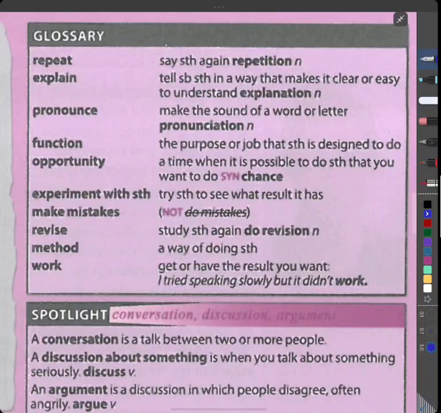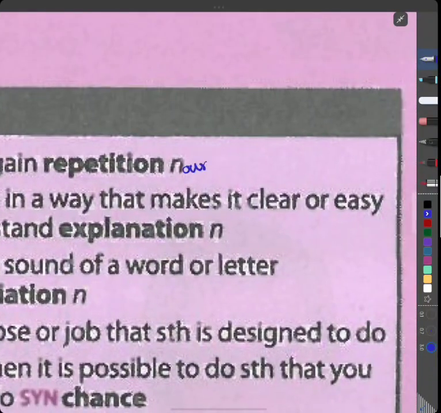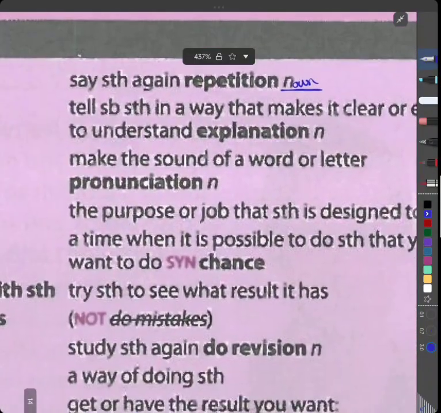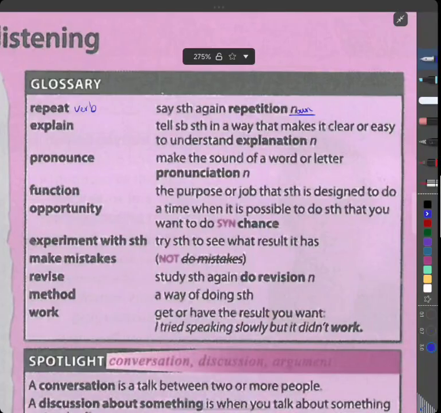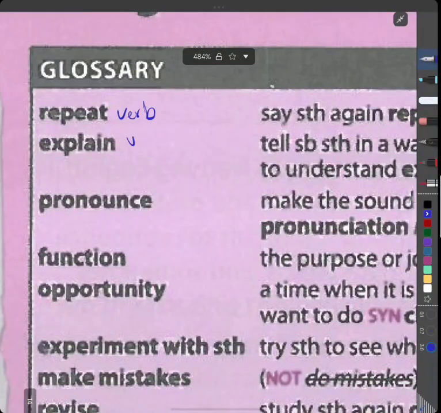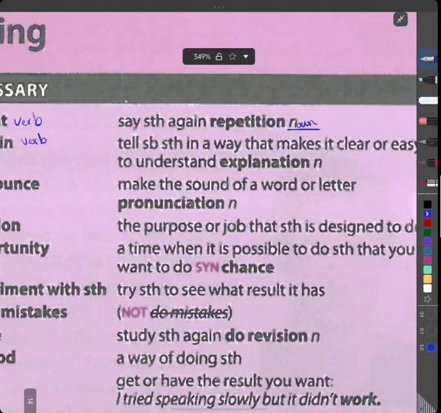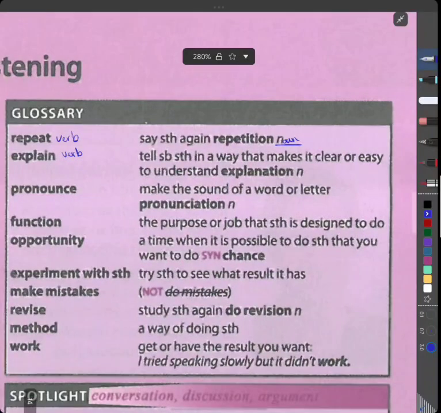Repeat: say something again. Repetition. Okay? Repetition is a noun and repeat is a verb. Explain is a verb: tell somebody something in a way that makes it clear or easy to understand.